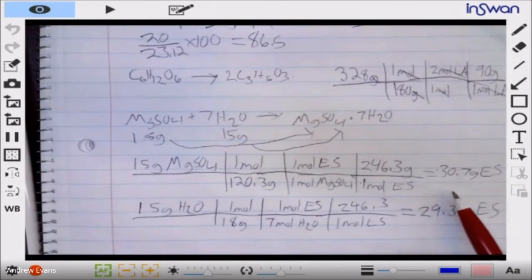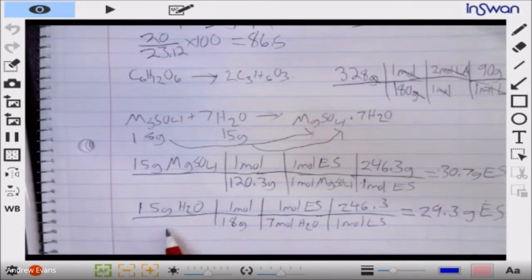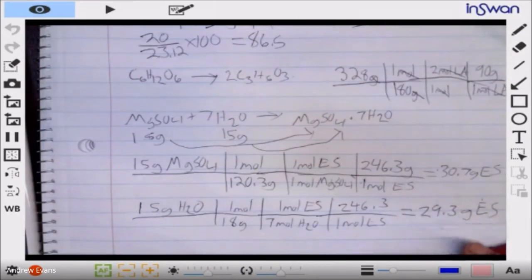Looking at this, we have to choose the lower of these 2 numbers. I know it says what is the maximum amount of Epsom salts that can be produced, but the maximum amount is controlled by the limiting reagent. So which is the limiting reagent? Water. Water maxes out at 29.3. This is assuming 100% yield.